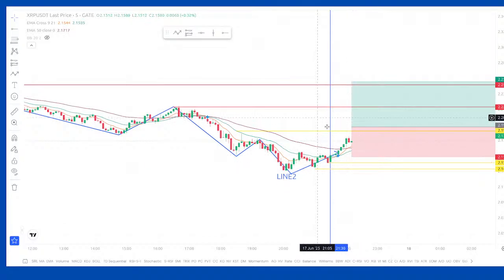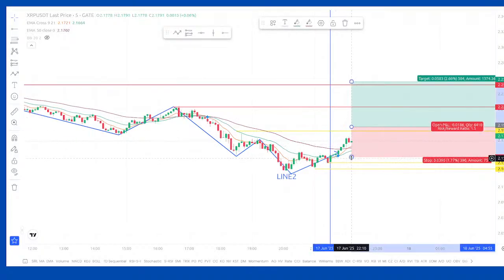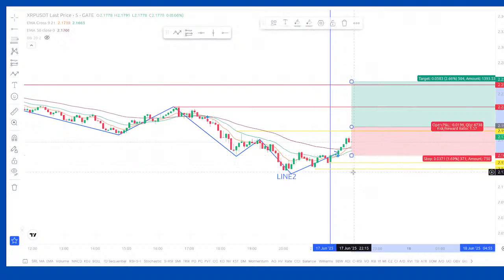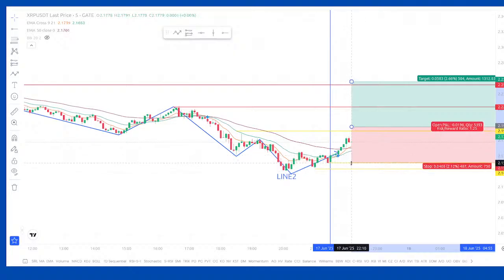For this case, you can choose to place your stop loss below the previous support, or even below the previous support here, just below there.